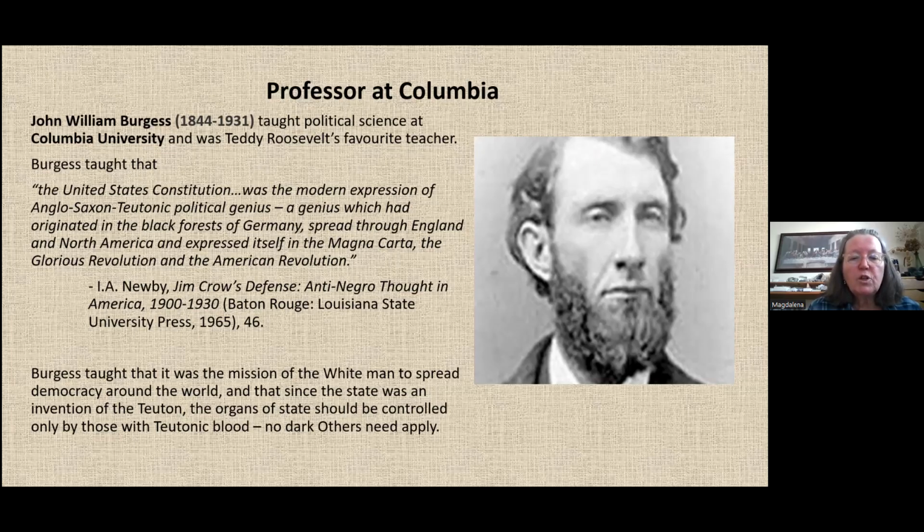Burgess thought it was the mission of the white man to spread democracy around the world, and that since the state was an invention of the Teutons, the organs of state should be controlled only by those with Teutonic blood. No dark others need apply.